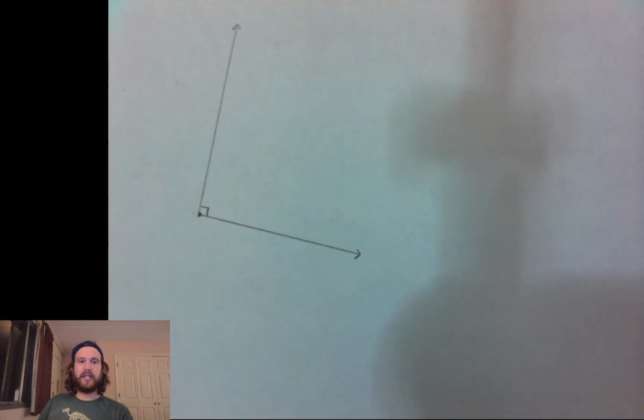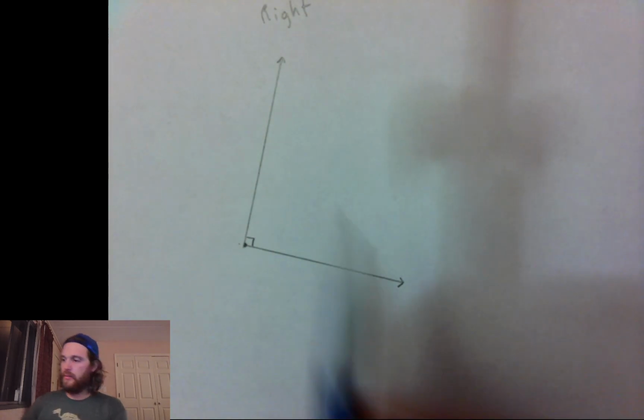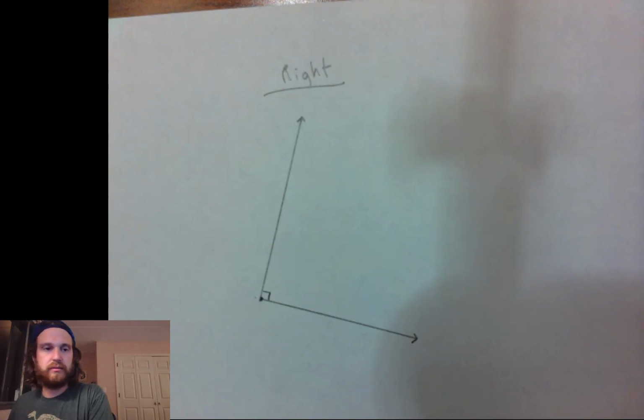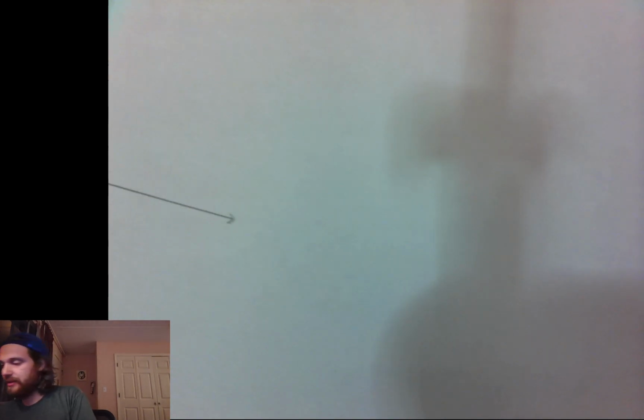Isn't that beautiful? What a beautiful, absolutely stunning right angle. You know, if we had this tool, that would have made drawing that rectangle yesterday a little bit easier, because all we would have needed was one side, and then we could have used the protractor to get the rest.